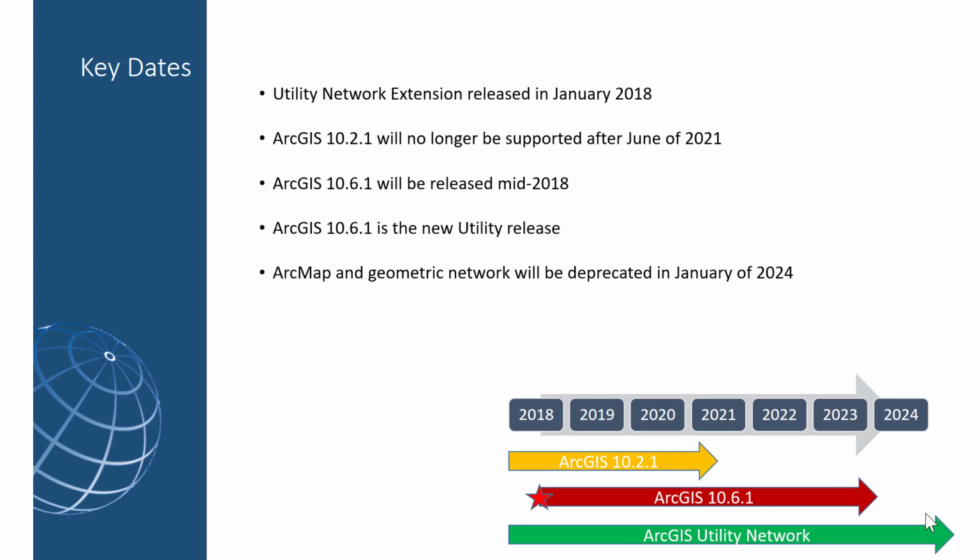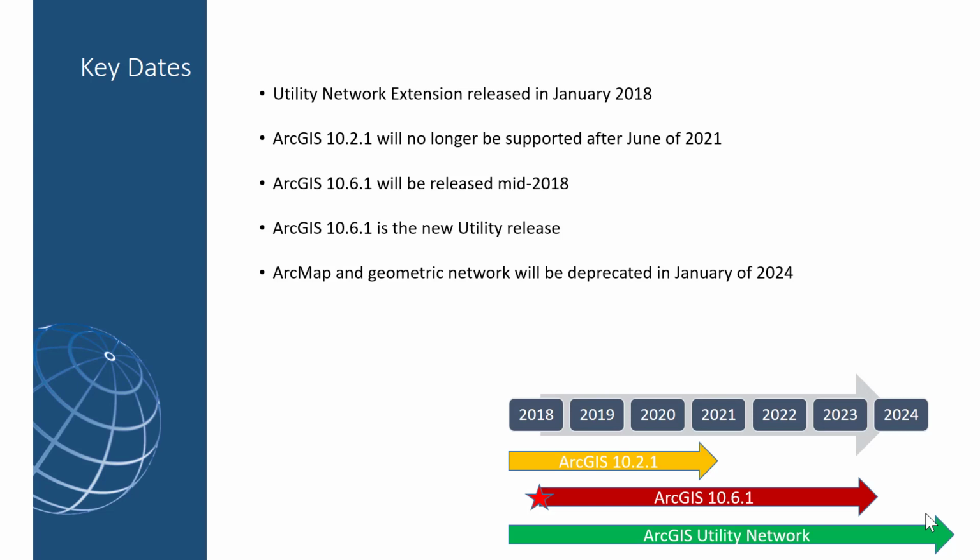Esri also included that 10.6.1, the utility release of geometric network and ArcMap, will also be retired and deprecated in January of 2024. So you have a couple of key dates there, right? You've got June of 2021 where you have to do something, either upgrade to 10.6.1, the new utility release, or migrate over to utility network.